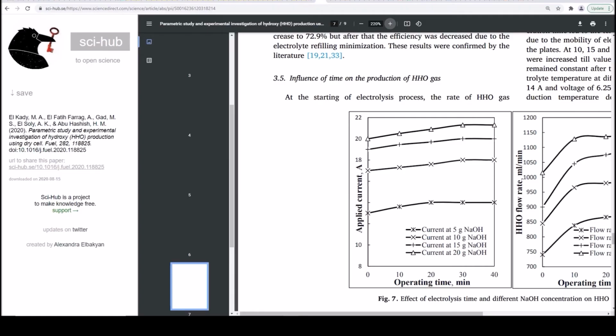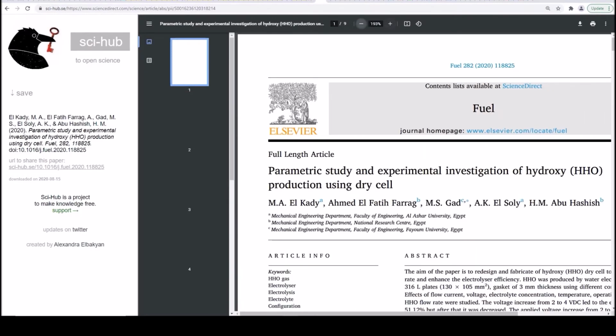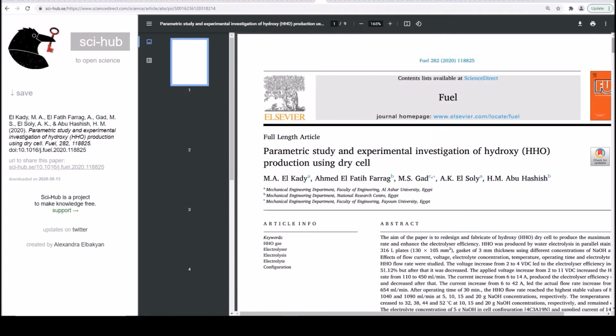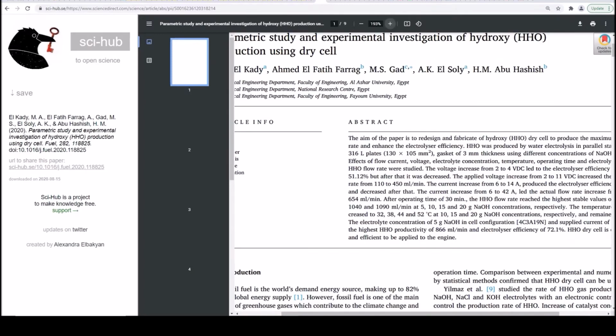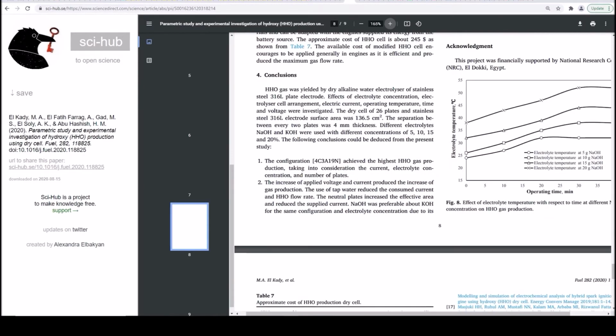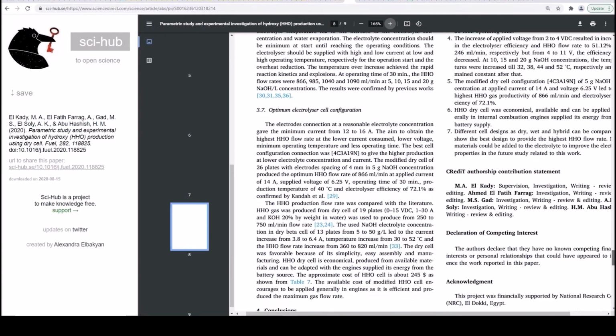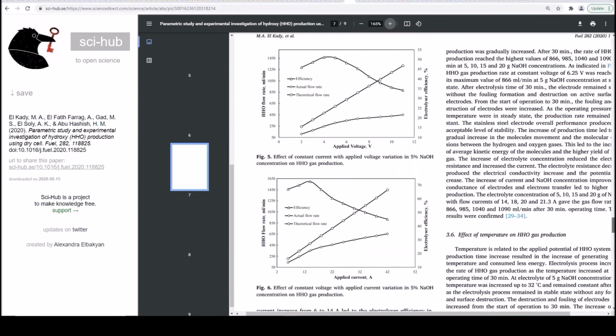So here we have a paper on a small dry cell. Now they had a plate area of 132 square centimeters. I just confirmed that here. So the plate area is 136 square centimeters, and the peak gas output.